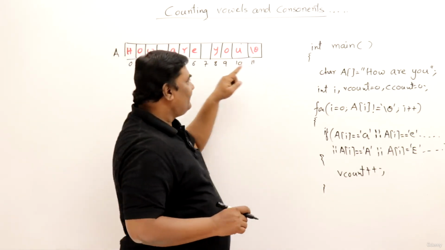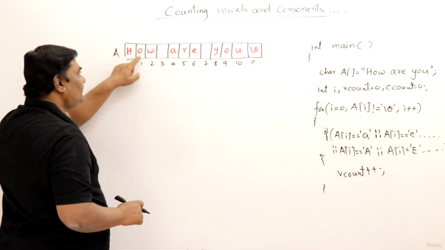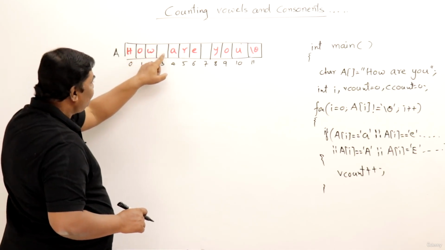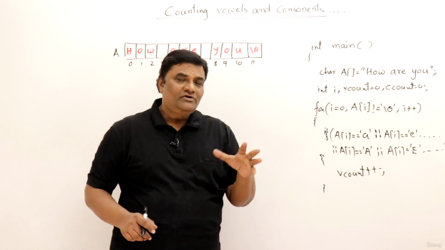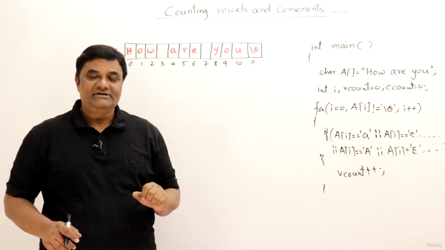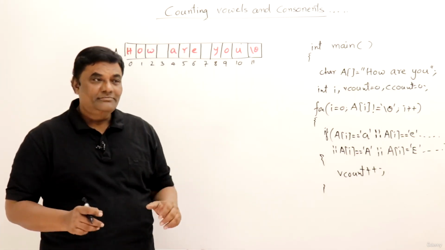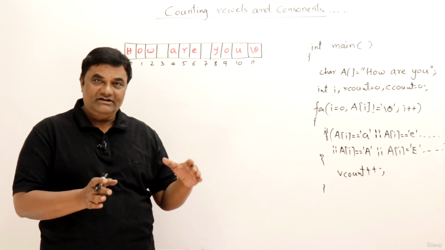Otherwise, see, if it is not a vowel, this is not a vowel, this is a vowel, this is not a vowel, this is not a vowel, so spaces will also be counted. So I should not take any special characters or spaces, I should take only alphabets. So make sure that it is within the range of alphabets.